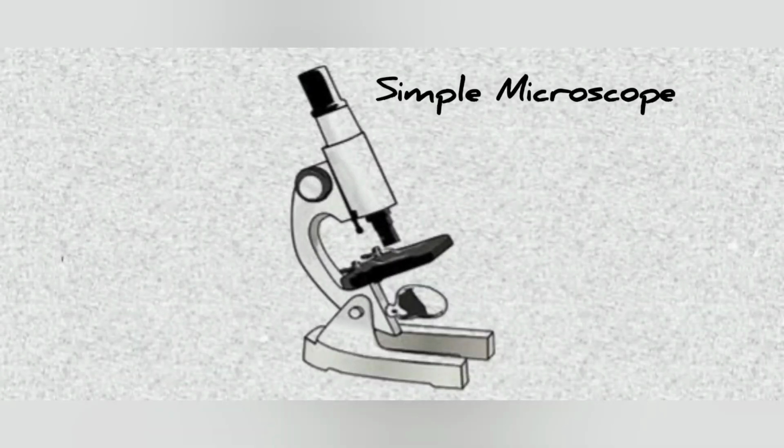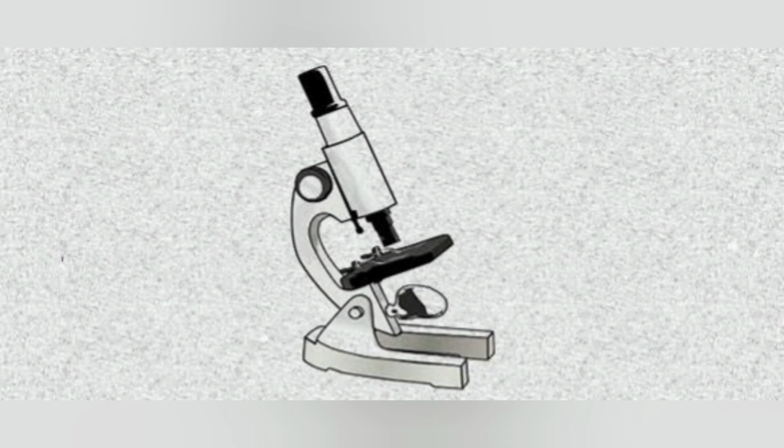A simple microscope is a magnifying glass that has double convex lens with short focal length. This type of microscope is basically used in labs, in schools, to see small objects and all that.